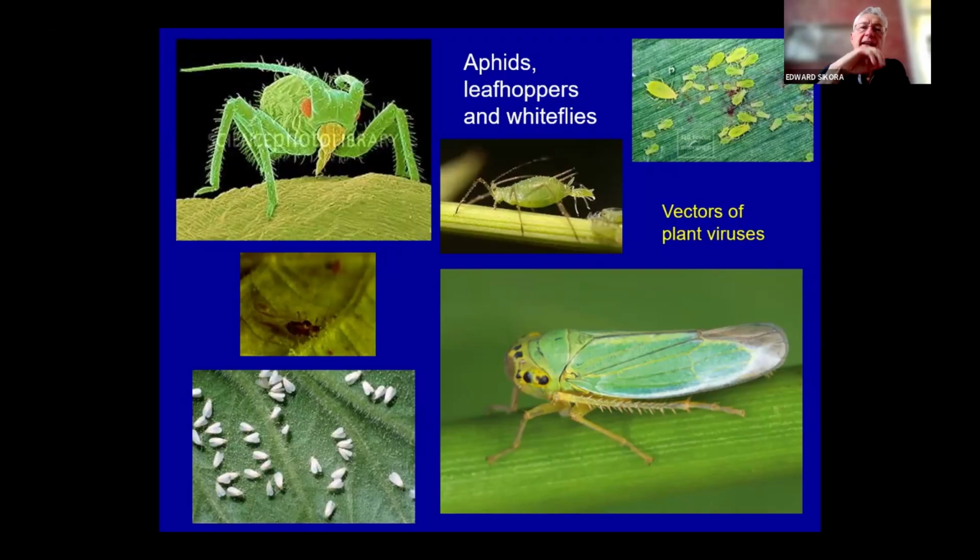And the virus then enters into the plant itself, and viruses reproduce or replicate very quickly and then spread throughout the plant. And once the virus is inside the plant, there's no curing that plant. If the virus is in it, it'll move down to the roots and then back up the plant. So aphids are common. You also have whiteflies in the bottom left corner, leafhoppers off to the right.